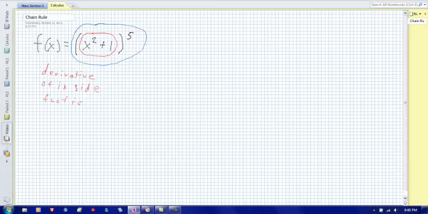Excuse me. And you can easily see that, let's see, that's 2x, and the derivative of a constant is 0, so that's just 2x.